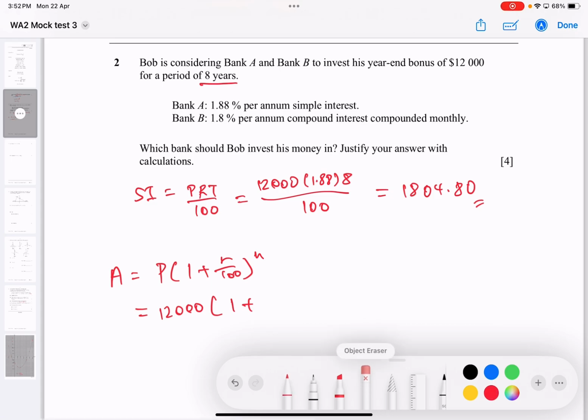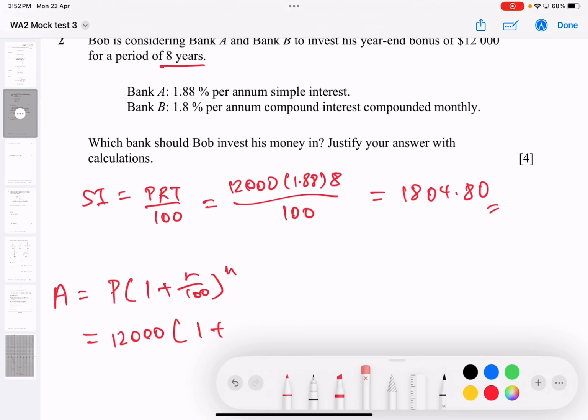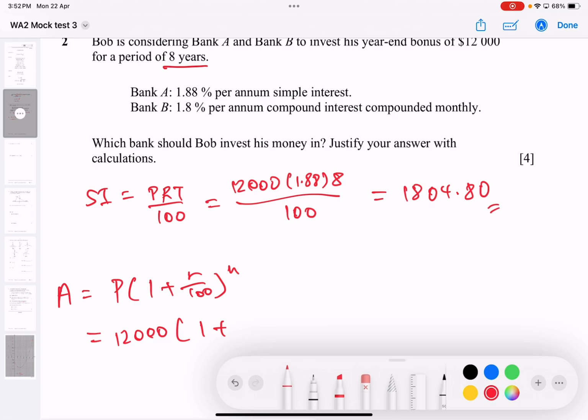But what does R represent? Jolie, what does R represent? The rate that is compounded per? Yes. In this case, it's the rate that is compounded per month, not per year. Because the question says that it is compounded monthly.